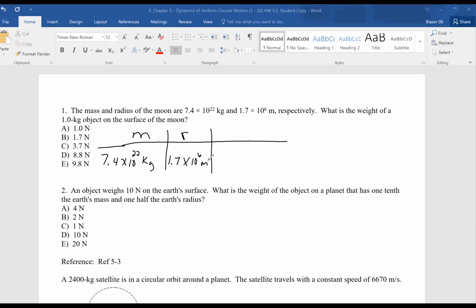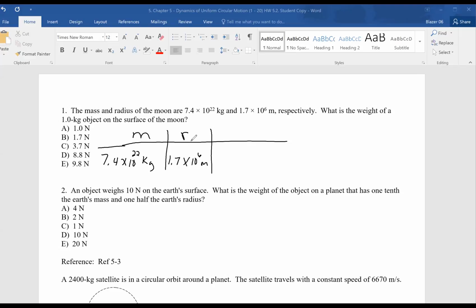But look at this: for the Earth, the exponent is also 10 to the 6th. So keep in mind that the moon, although it's so far away, has a radius comparable to that of the Earth.